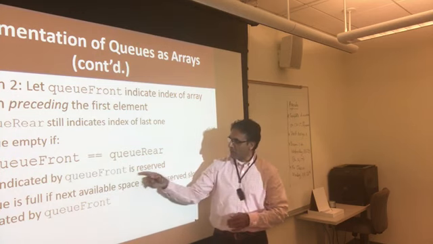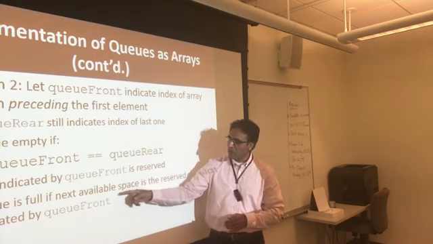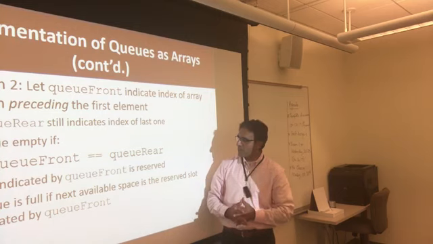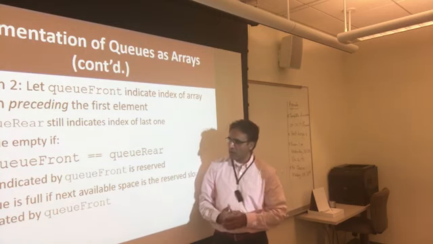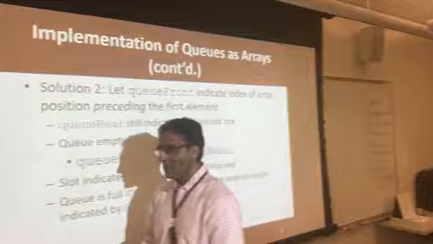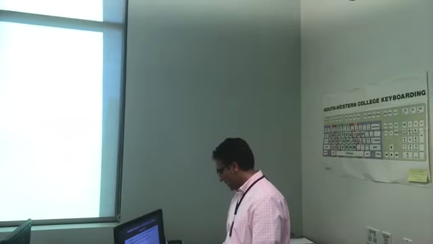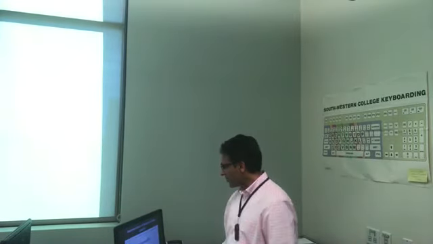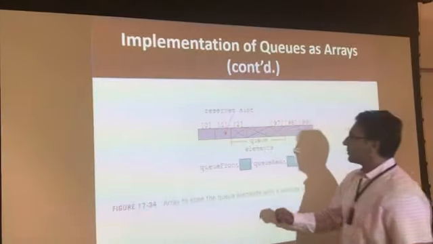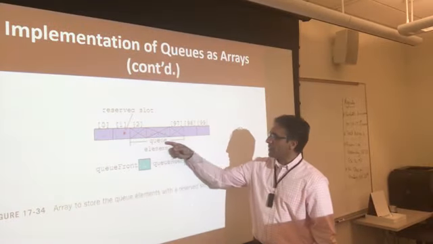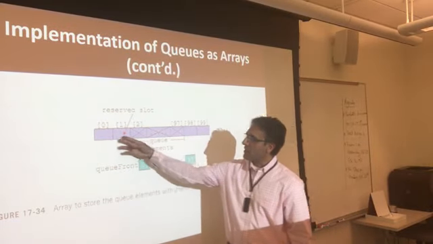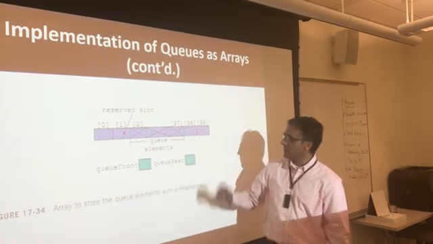The slot indicated by queue front is reserved. The queue is full if the next available space is the reserved slot indicated by queue front, which means it will indicate it's full if the slot immediately after queue rear is reserved. And it shows you an example here. So this is our queue where data is, and these are processed, these are available.